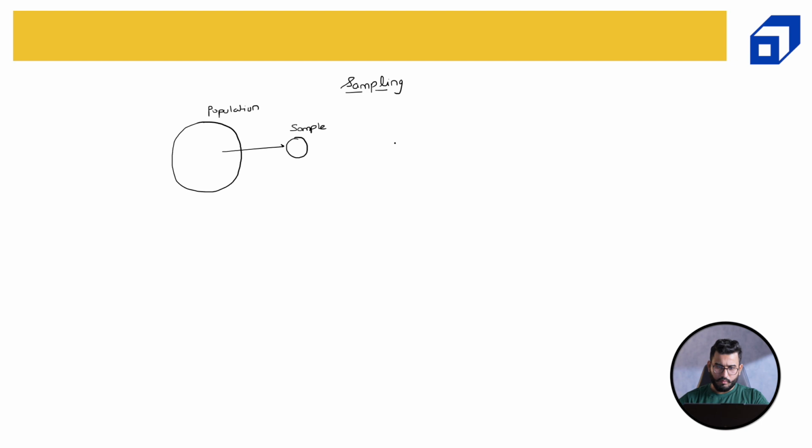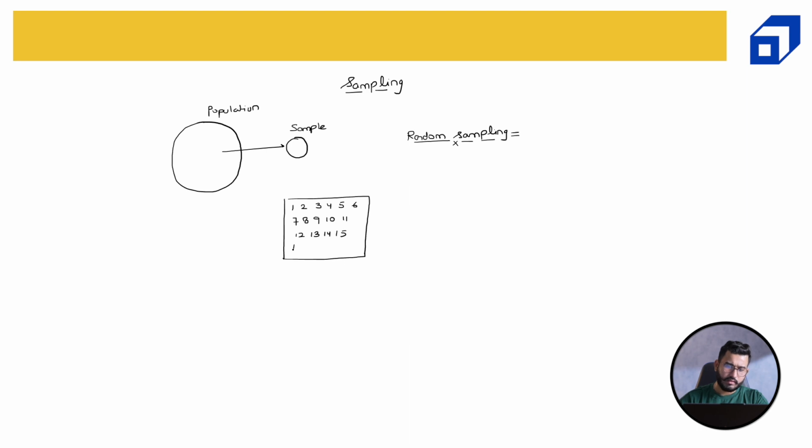There is one very popular sampling technique which is known as random sampling. And this is a very important interview question. What is random sampling? Assume that I'm having a population with, let's say, numbers 1, 2, 3, 4, 5, 6, 7, 8, 9, 10, 11, 12, 13, 14, 15, 16, 17, 18, 19, and 20.